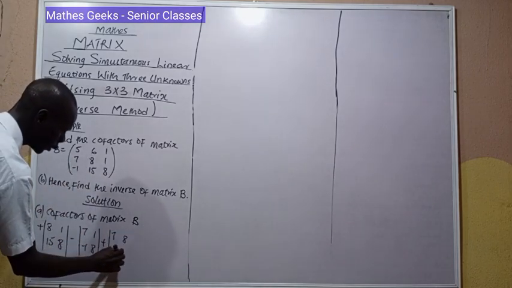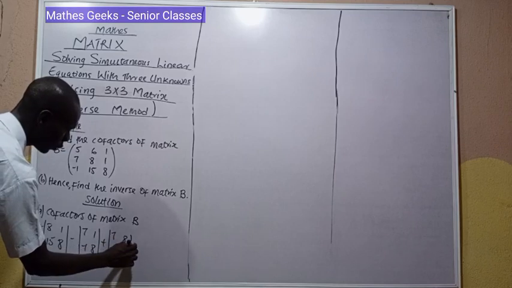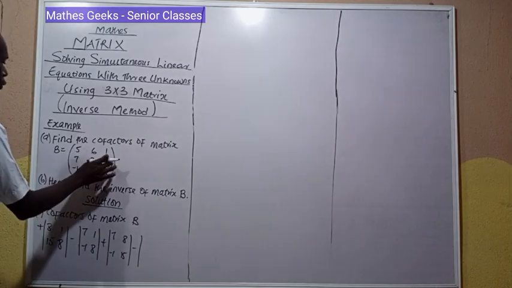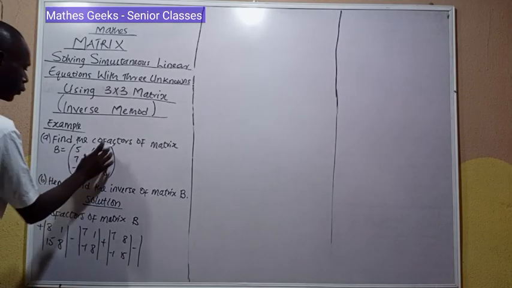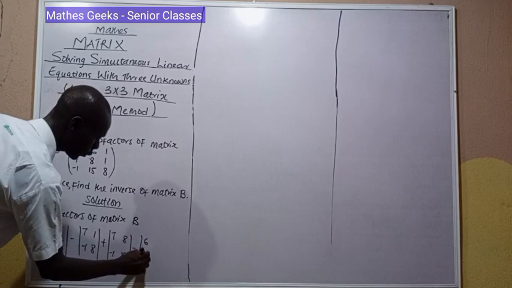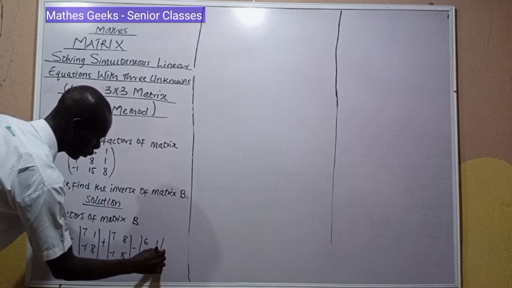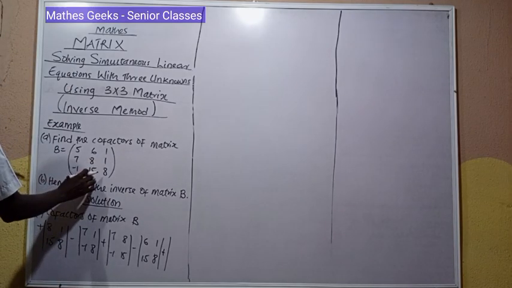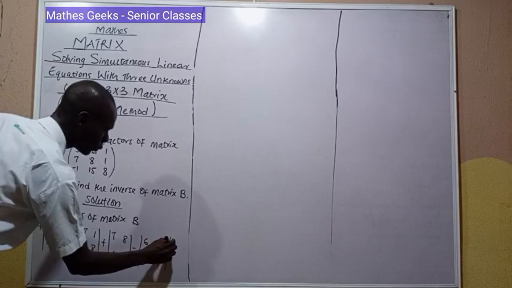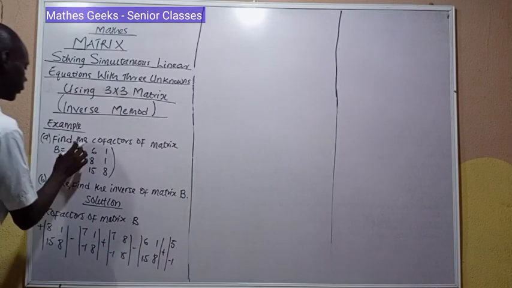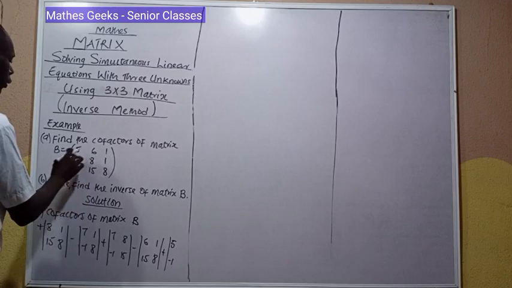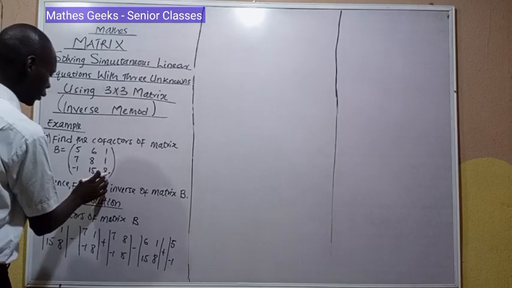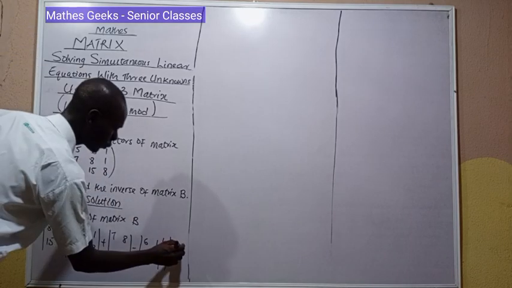Minus second row, first column: 6, 15, 1, 8. Plus second row, second column: 5, minus 1, 1, 8.